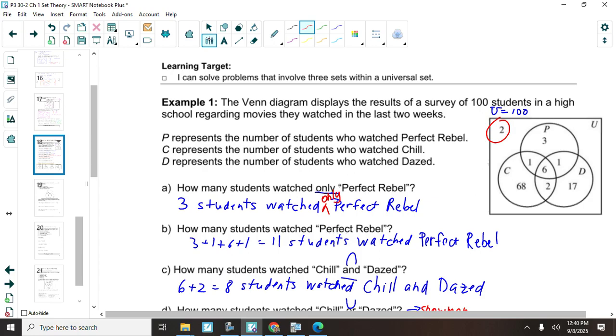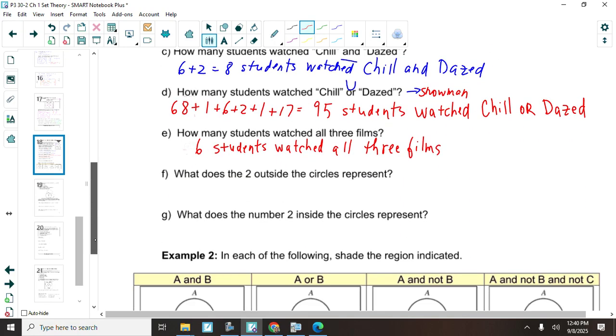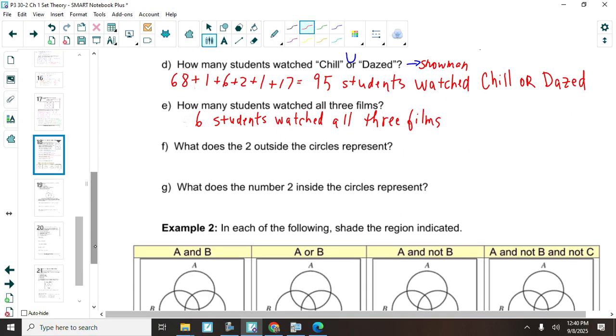I like that word because neither is usually an either or. There's only 2 options, but this is not any of them. So we can write that. The 2 outside the circle represents 2 students did not watch any films.